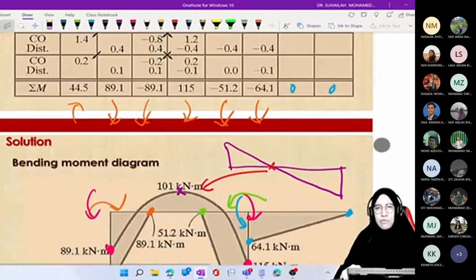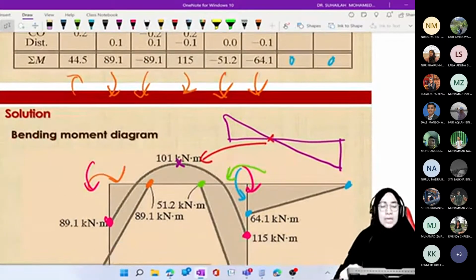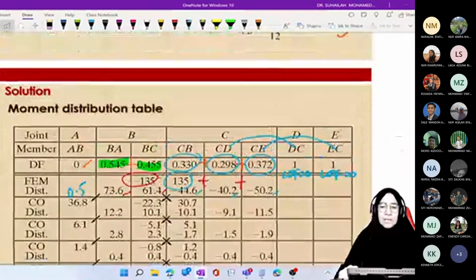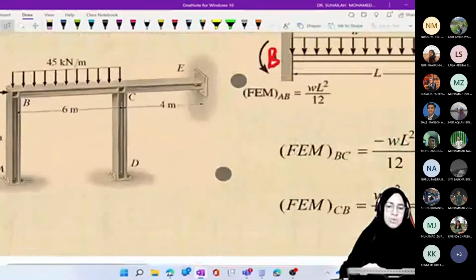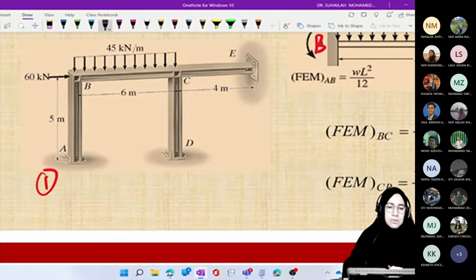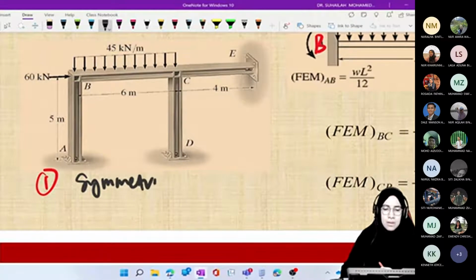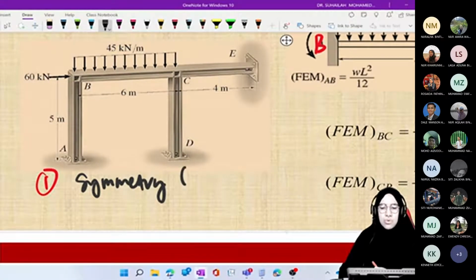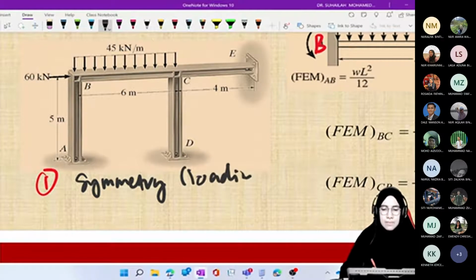So this is the analysis of a non-sidesway frame. Why is this frame called a non-sidesway frame? Because there are two conditions. One, the frame is symmetric due to loading and geometry.